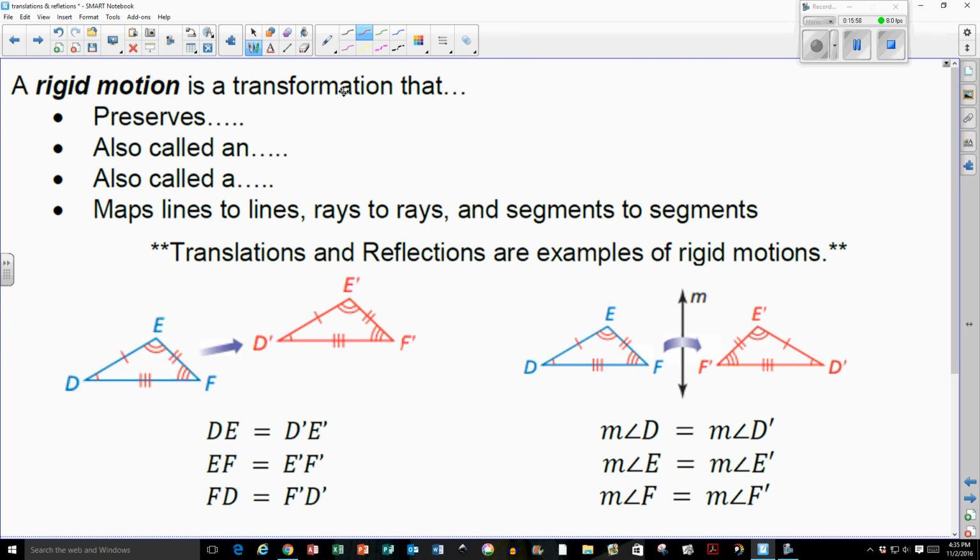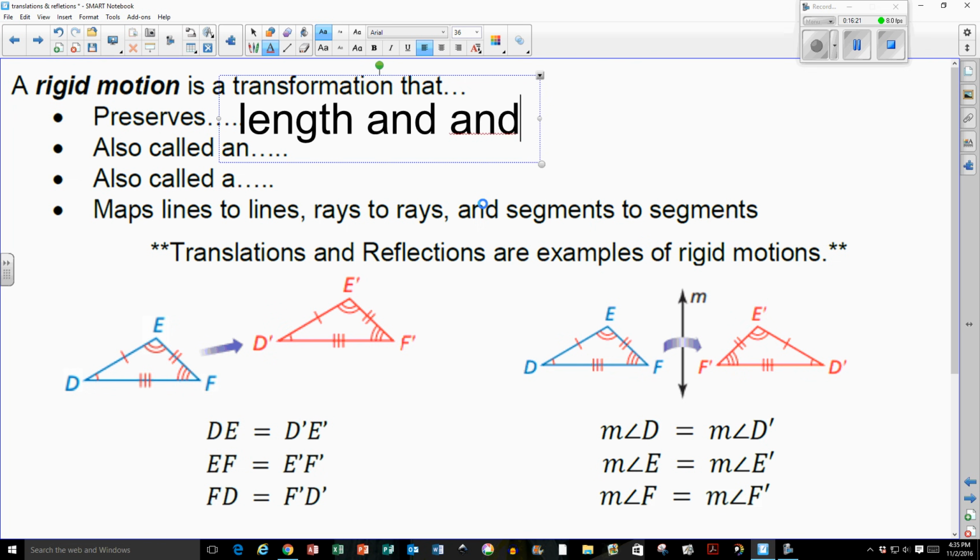Okay, a rigid motion is a transformation that preserves. So this one, I'm going to type this up. This is going to preserve length and angle measure.